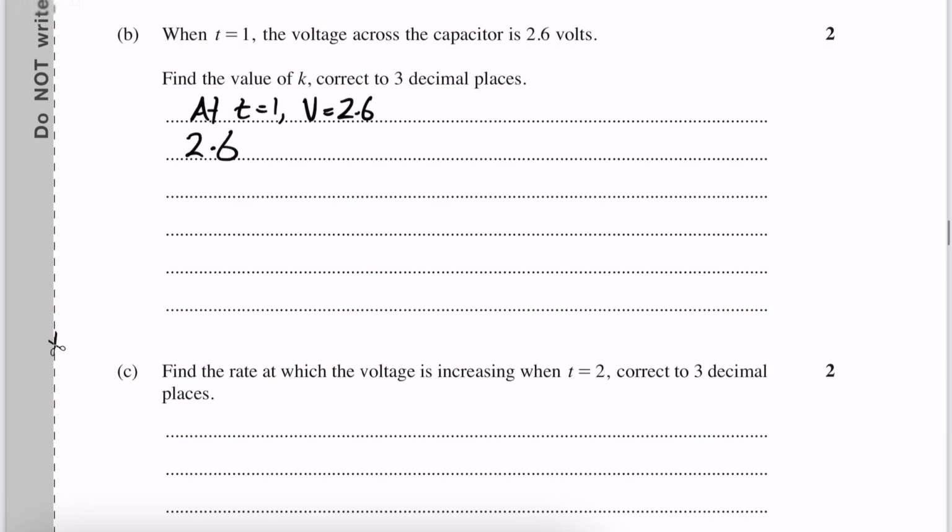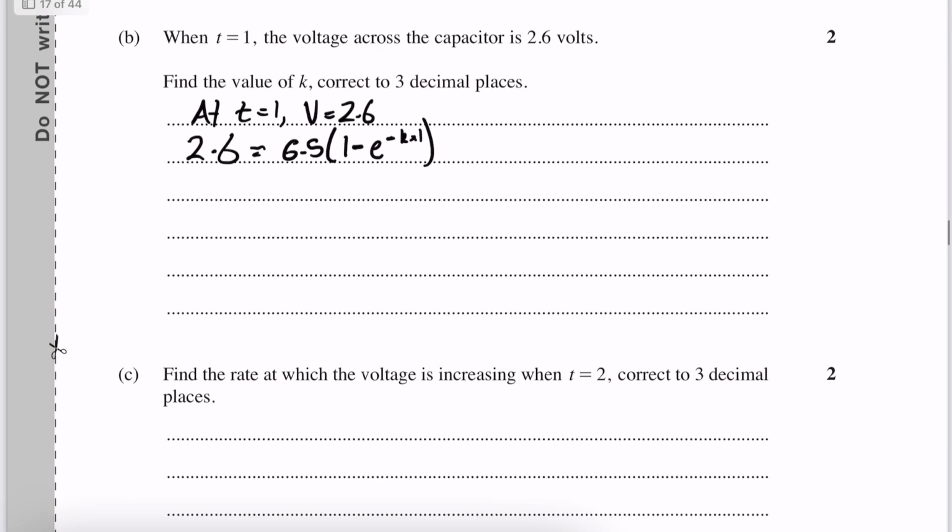So we get 2.6 is equal to 6.5 times 1 minus e to the minus k times 1, which if we work this out, is 2.6 over 6.5 equals 1 minus e to the minus k. Why is it just e to the minus k? Well, if you take minus k and multiply that by 1, then you just get negative k.